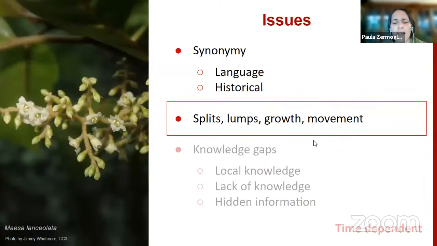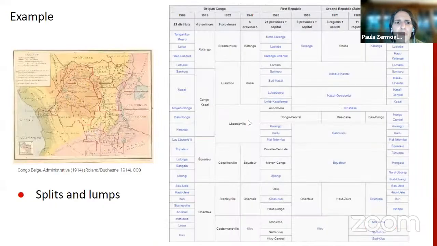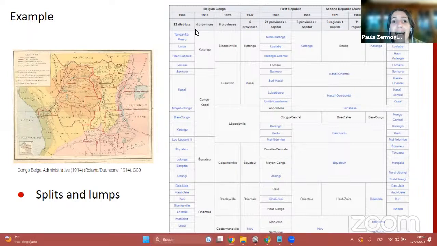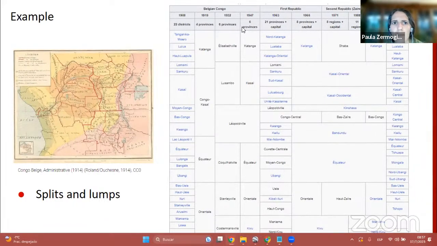Now we're going to see some examples of splits and lumps and growth and movement. And for splits, I'm going to go back to the Democratic Republic of Congo. And I'm going to show you here a table that has the administrative divisions of DRC over time. So up here, you have from 1908 to 2015.